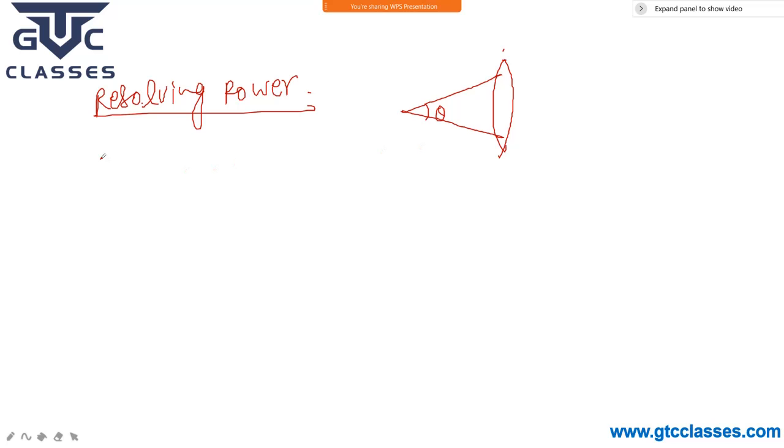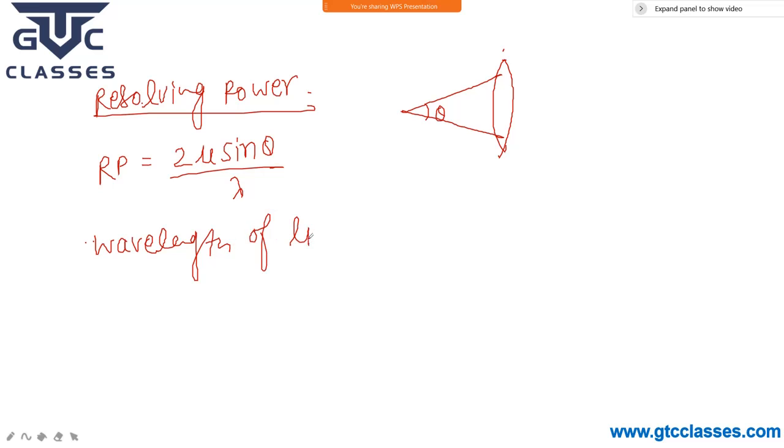How do we calculate that? RP is nothing but 2 mu sine theta divided by lambda. So resolving power of the microscope depends upon whom? It depends upon the wavelength of the light. That's why they utilize a little lesser wavelength, so the resolving power increases.